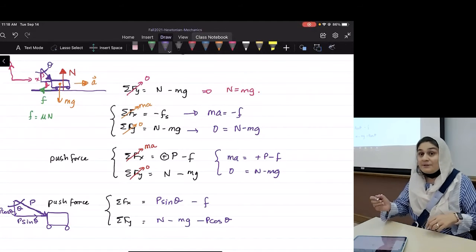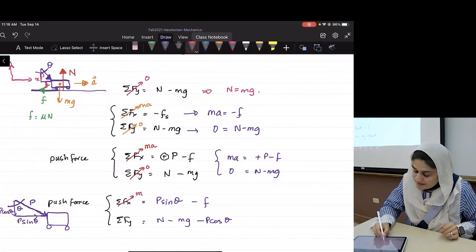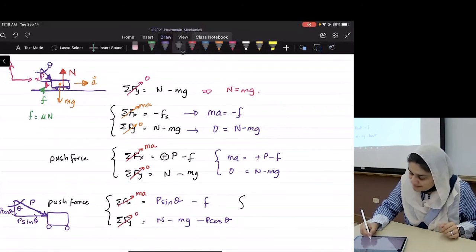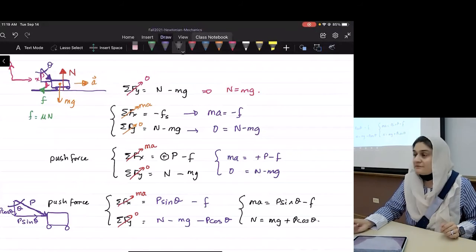If there is acceleration, that becomes ma. So I'm left with ma equals P sine theta minus f, and N equals mg plus P cosine theta.